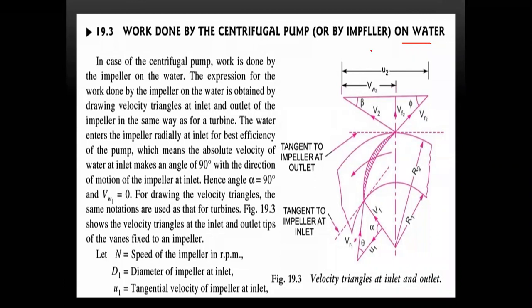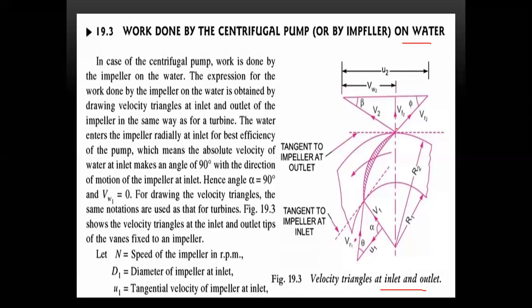Whenever the water is acting on the vanes, how will we take the work done? For example, see here, if we take a portion, the velocity triangles at the inlet and the outlet. When we take one as inlet and the other as outlet, at the outlet and the inlet we are making velocity triangles. You have already done this.